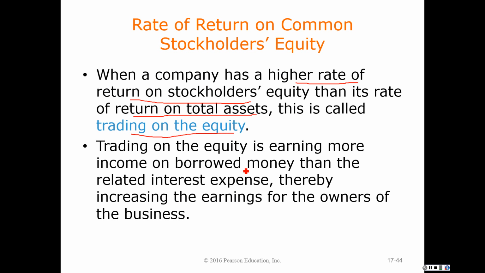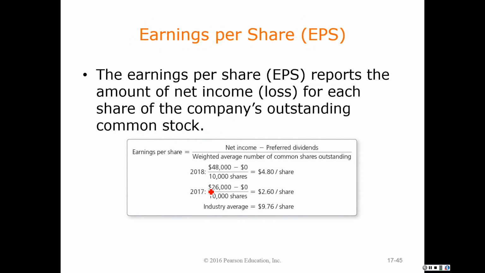And we're simply saying that trading on the equity is earning more income on borrowed money than the related interest expense. So it's showing that we're generating higher returns than what we're borrowing, and we can generate potential increased earnings and potential dividends for the stockholders of our organization. And we kind of measure those investments by earnings per share.